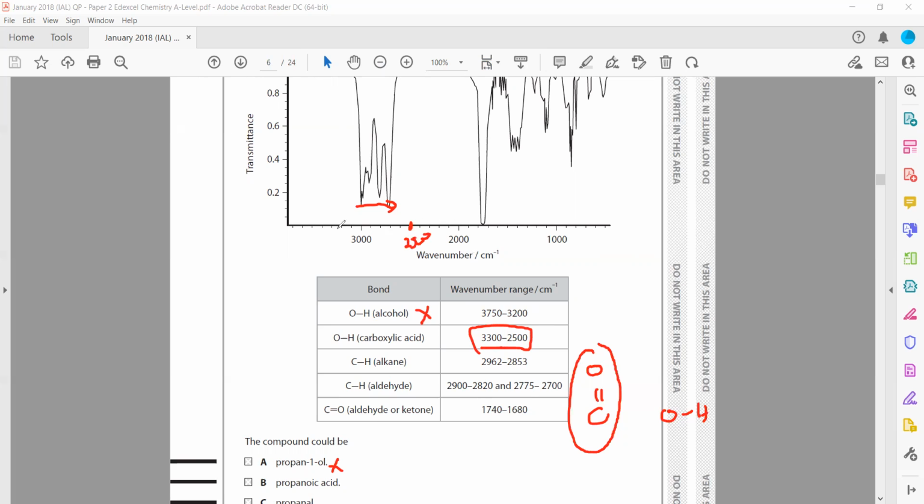This peak should start from here and end here, and it should be a broad peak. But you can see it is not within that range. So it means it is not a carboxylic acid.